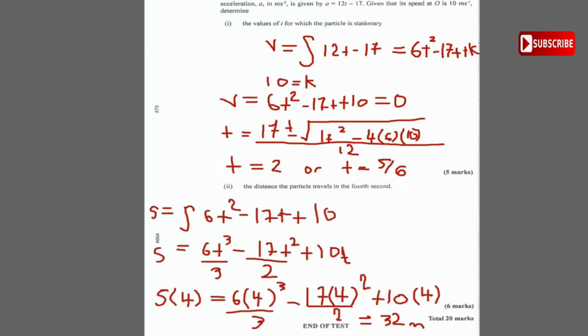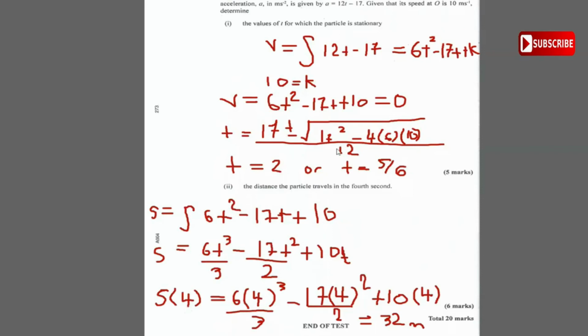You want specifically the distance in the 4th second, which is the distance it traveled up to 4 seconds minus S of 3.